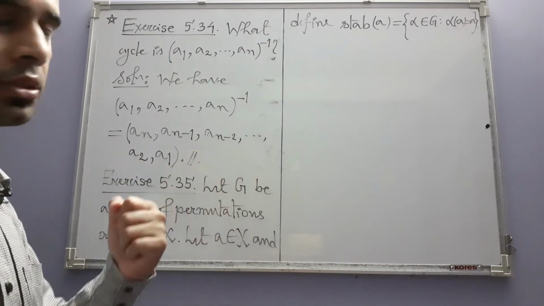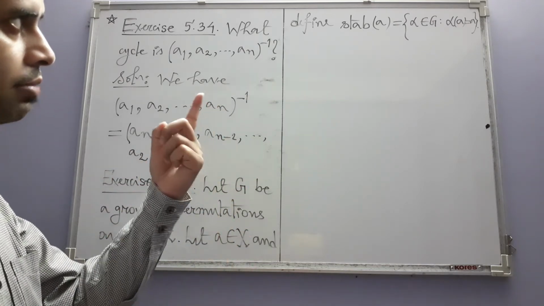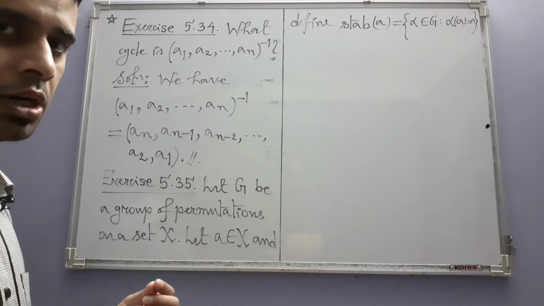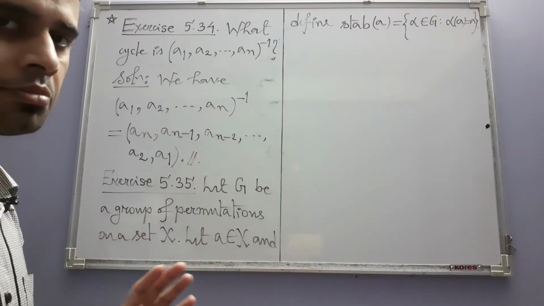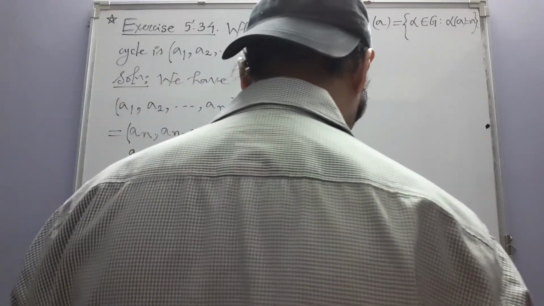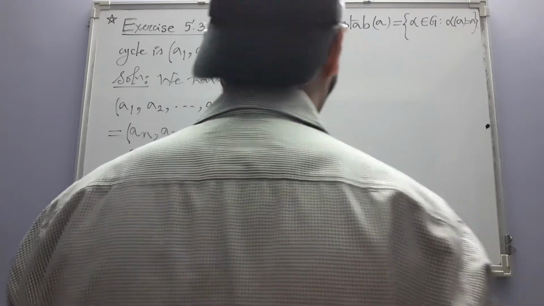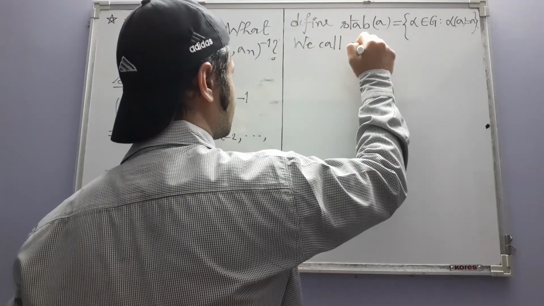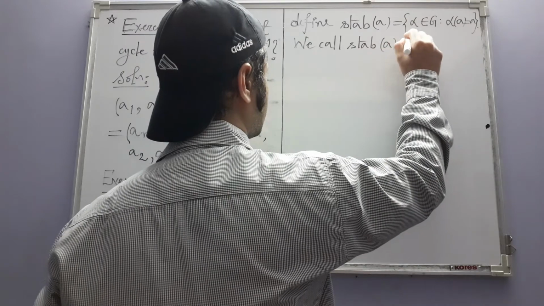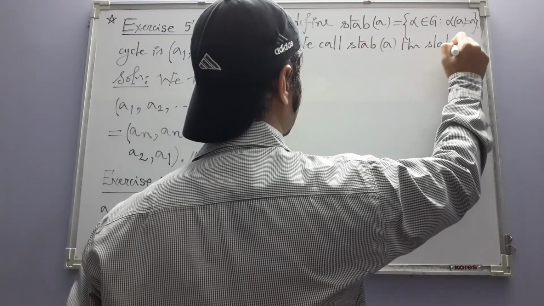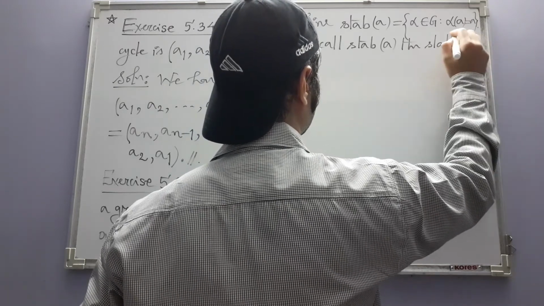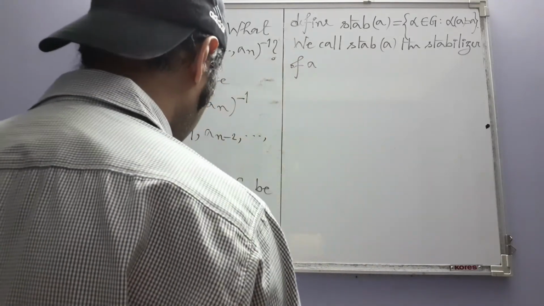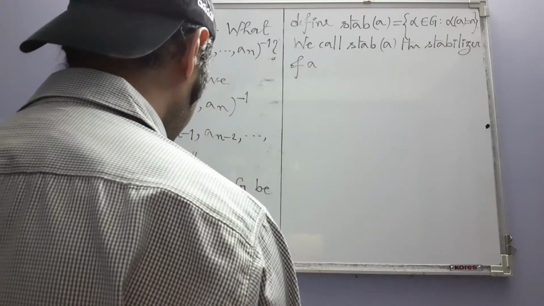So you can evaluate that function at A. If that thing is equal to A, then that permutation belongs to stab A. That this stab A is called the stabilizer of A. It stabilizes or fixes A. It consists of all permutations which fix A. We call stab A the stabilizer of the element A in G.